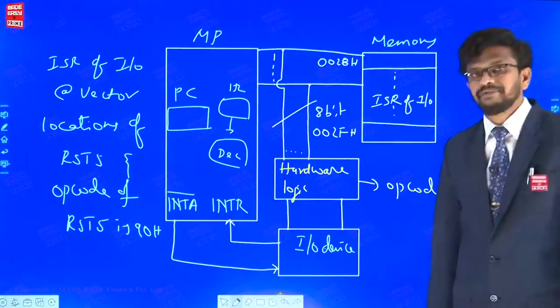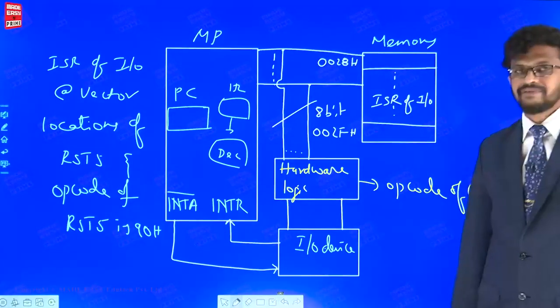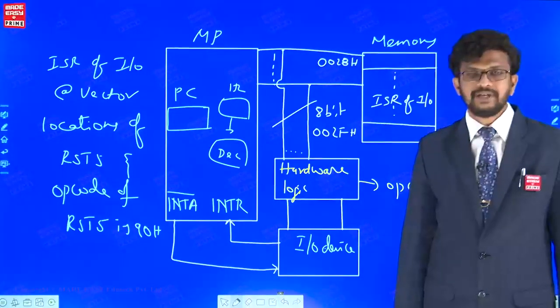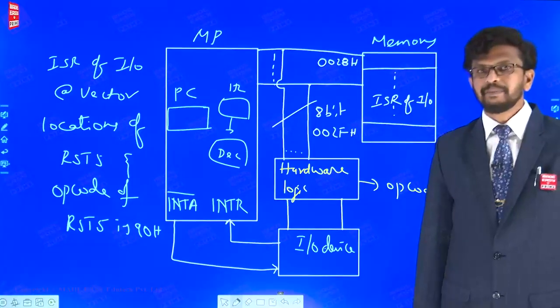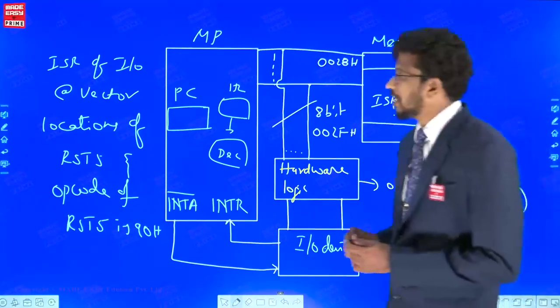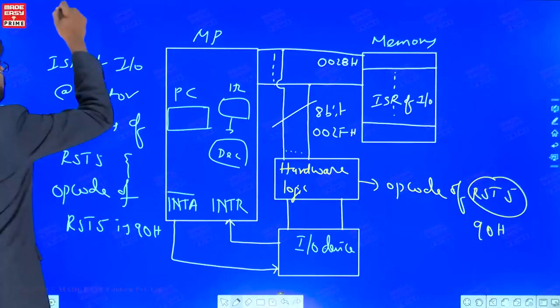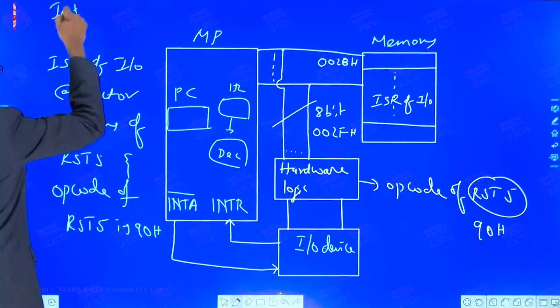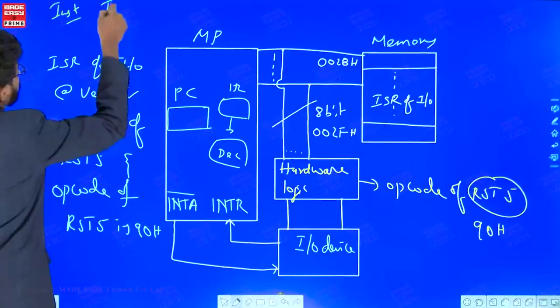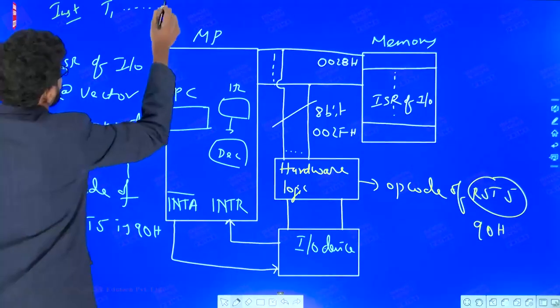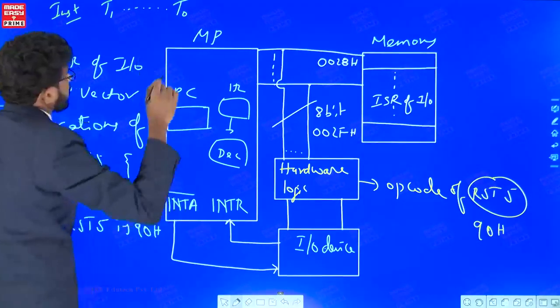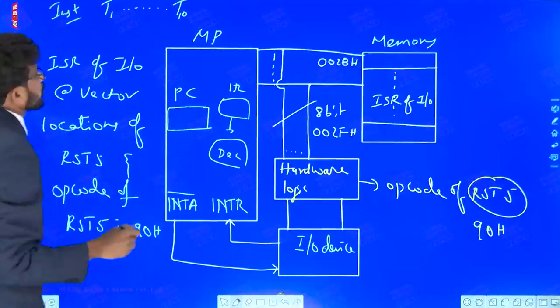What is one clock period with respect to 8085? If the operating frequency is 3 MHz, what is the clock period? 0.33 microseconds. Let us say there is some instruction going on, and it has some clocks, T1 and so on, up to T10. Let us say 10 clocks are required for the instruction.